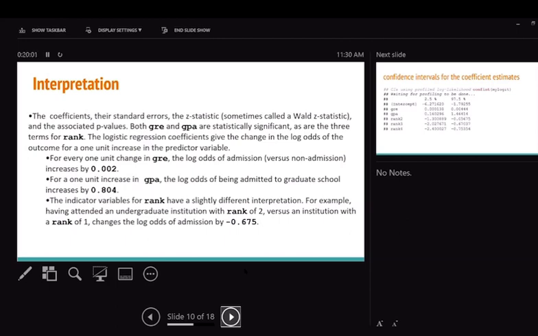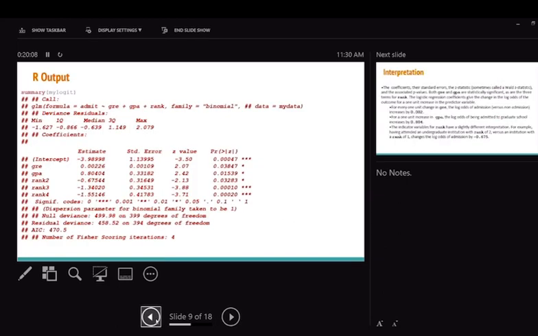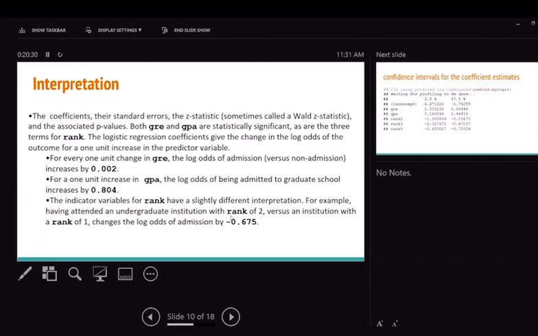Now, take a look at this. I want to interpret GRE. If you come back here, what is the estimate for GRE? It's 0.00226, right? How do I interpret that? I'm going to say for every unit increase in GRE, the log odds of admission.